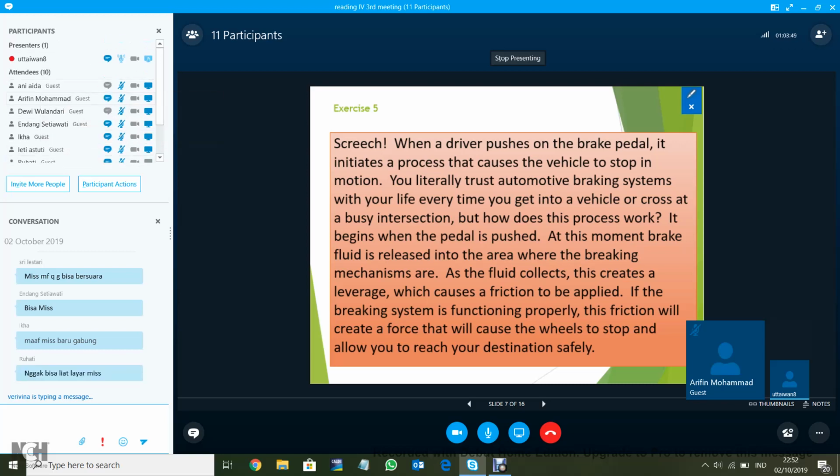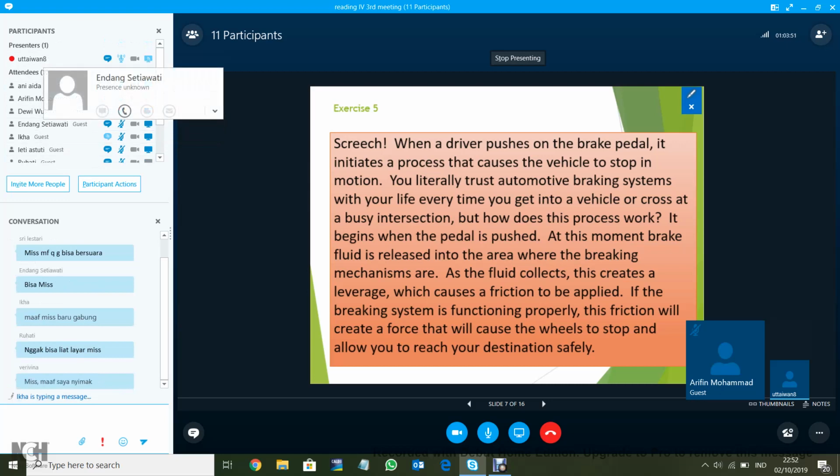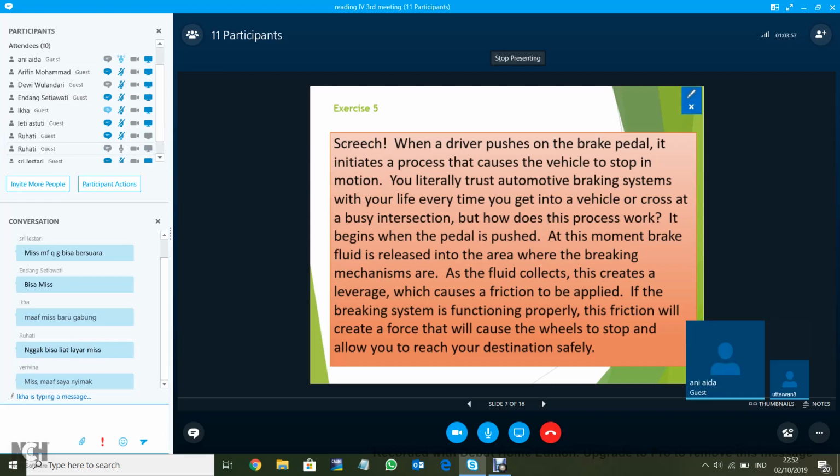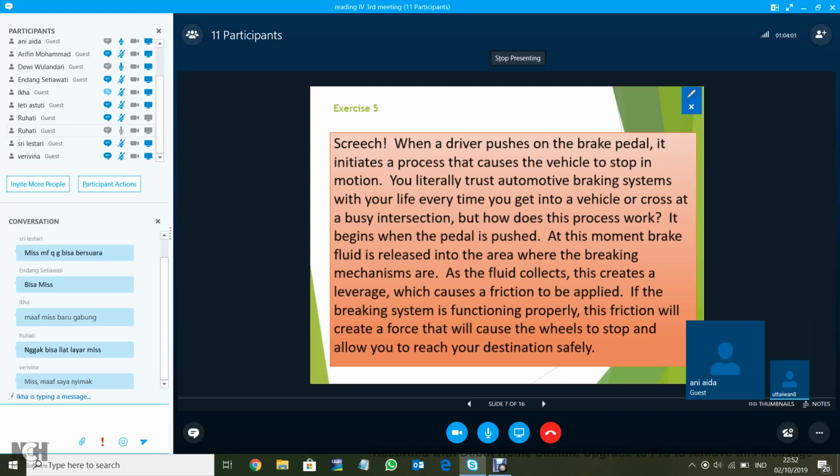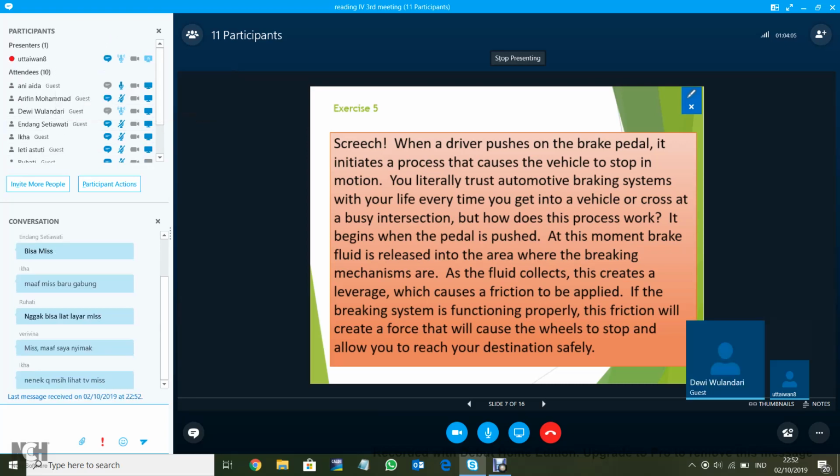Mbak Endang, Mbak Ika, Mbak Leti, Mbak Ruhati. Oke, sure. Mbak Dewi. Oh, ini Mbak Dewi mau ngomong kok. Yap, silahkan. Time is yours.